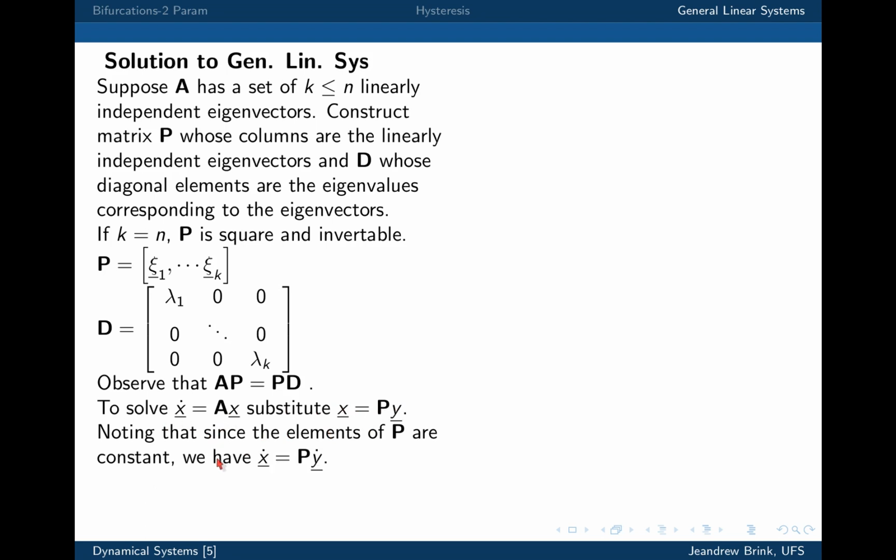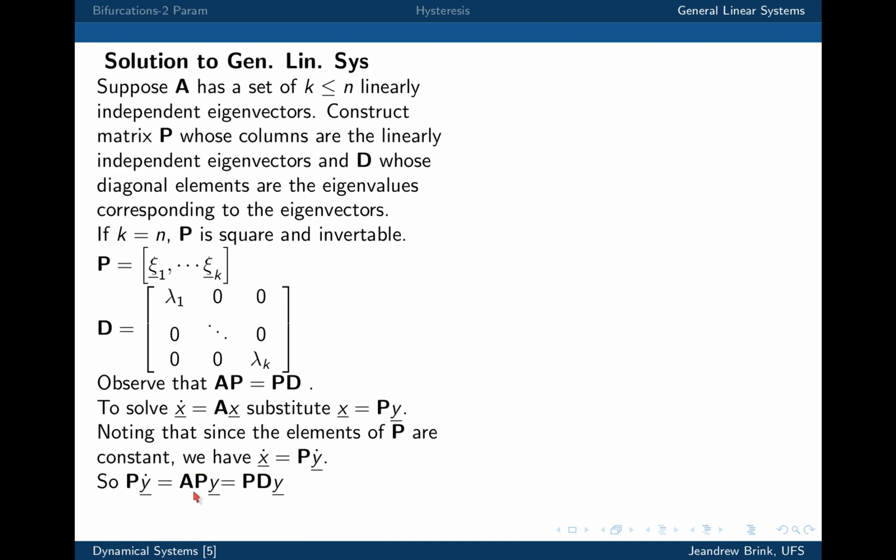Okay, and since the elements of P are constant, we need to compute the derivative of x. We have x dot, you have the product rule, but the derivative of P is 0, so it's simply P times y dot. And so x dot equals P times y dot, which equals A times P y, because I've replaced x with P times y.